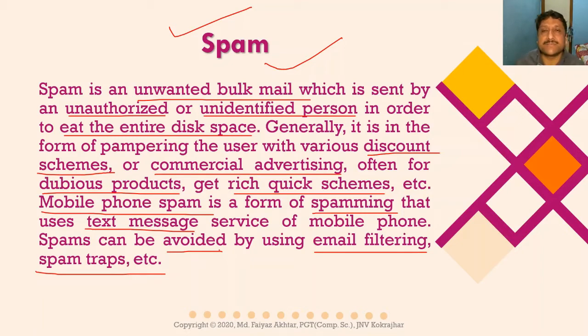Just tick on, select the mails which you feel are spam, and then click on that button where it is written that this is spam. Then these email addresses will be stored in spam filters, and next time if any mail comes from that sender, then it will be blocked and it won't be displayed, won't be downloaded, won't be included in your email account. And this way you can filter your emails.